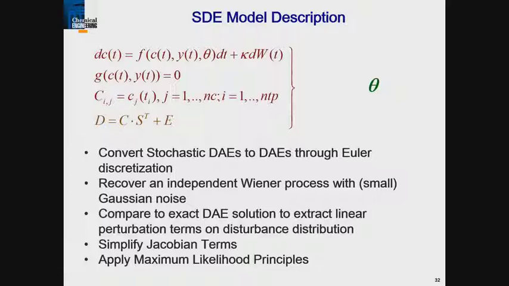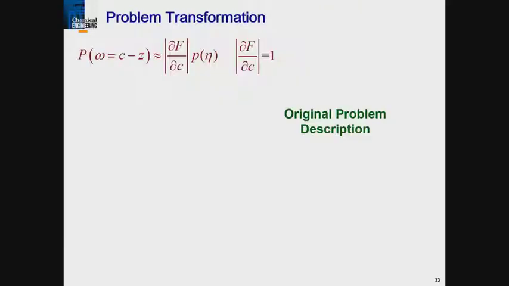By doing that, you can actually reformulate this into a set of differential equations so that you can come up with an exact DAE solution where you can assume a certain level of noise in the model that contributes also to the noise in the signal, but is separate from the instrument noise. And what we would like to do then is extract the parameters from that model, okay? So that's the idea.